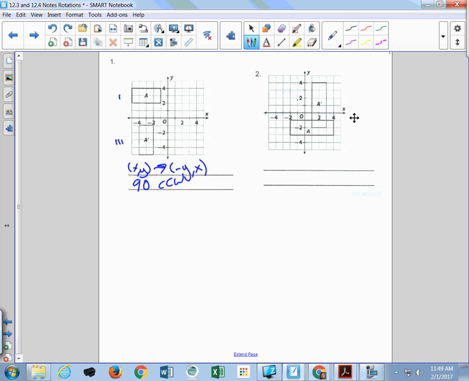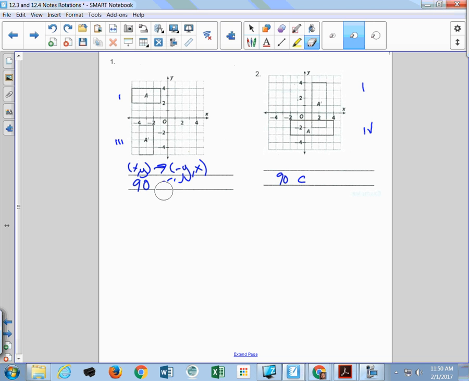All right, number 2, we're going from quadrant 4 to 1. I got that all kinds of backwards. 4 to 1, there we go. It looks like I would call that 90 counterclockwise.